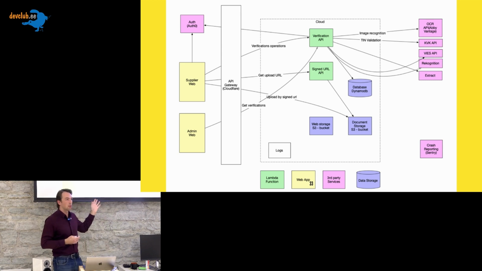Then a DynamoDB database, so no Postgres setup, no RDS, nothing. The people don't know the model to the end yet, so it makes sense to have a database without a fixed model, right? And it's scalable and managed by the cloud, so no infrastructure cost at all. Document storage is S3, yeah, why would I need to justify S3?